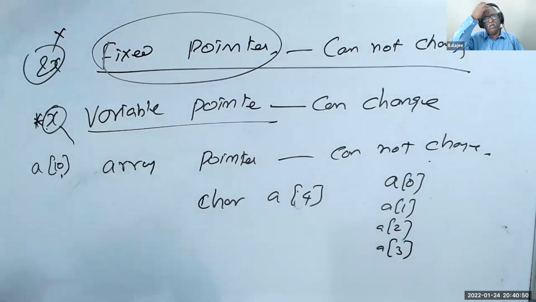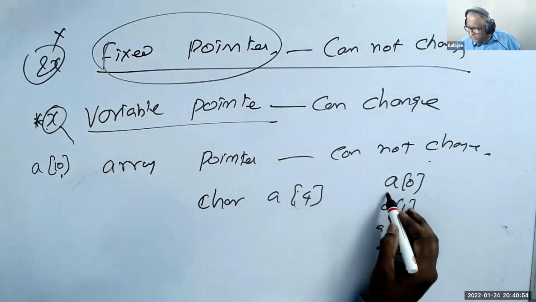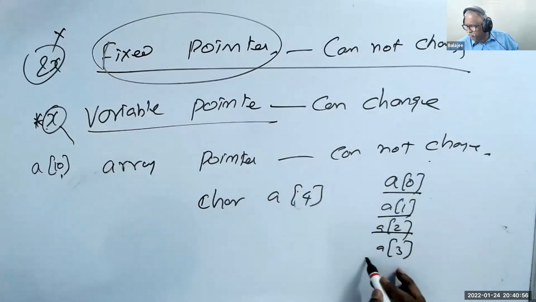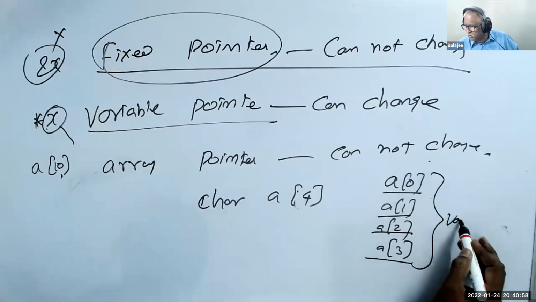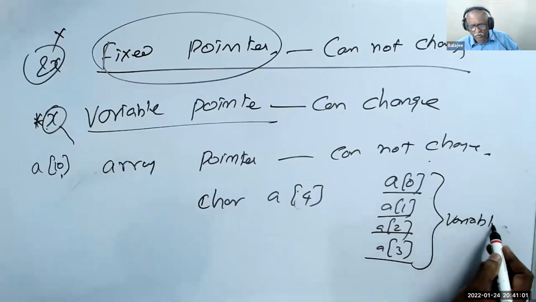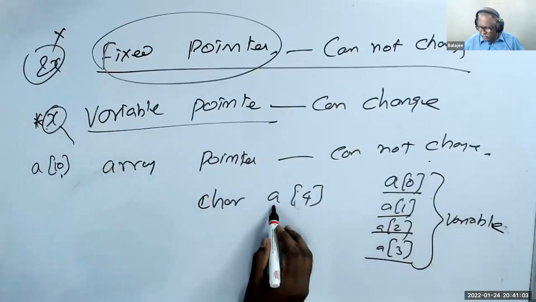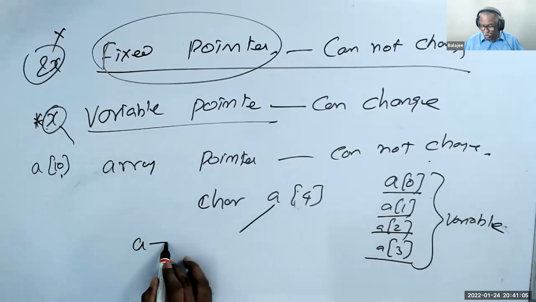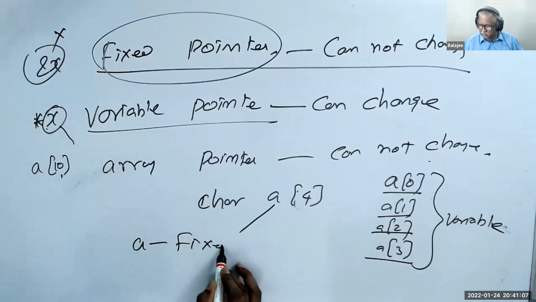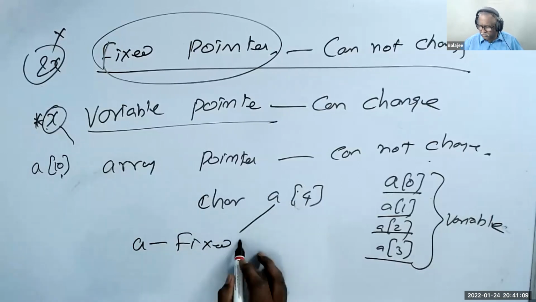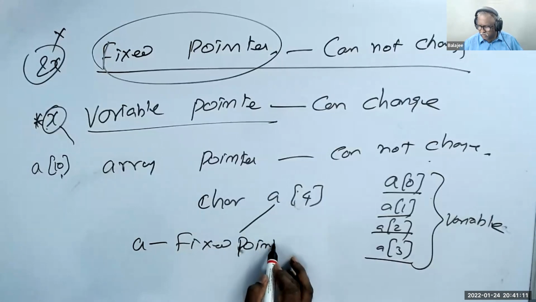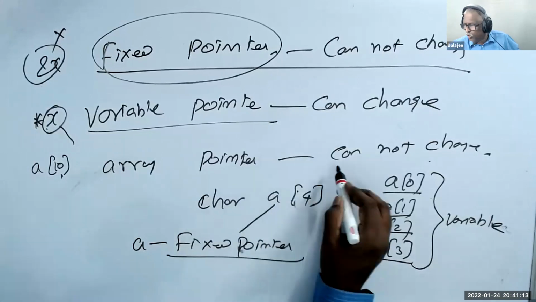Am I right? Now, these 4 are called variables. But A is called an address. That is also called a fixed address, a fixed pointer. That's why I say you cannot change it.